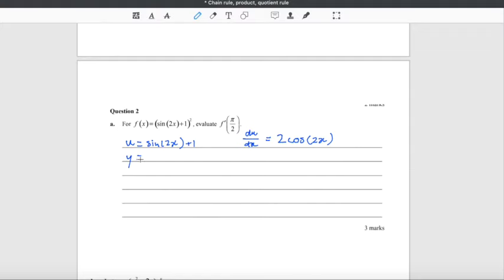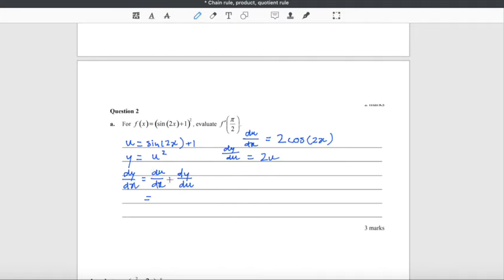What about this next part? So we've got y is equal to u squared. So dy du equals 2u. Alright, so now we can say, again, chain rule, dy dx is equal to du dx times dy du. We have both of these pieces of information.